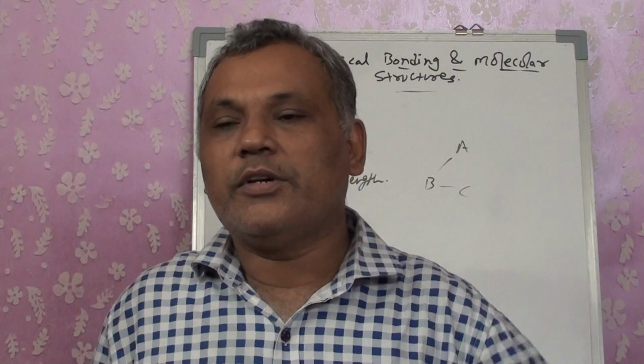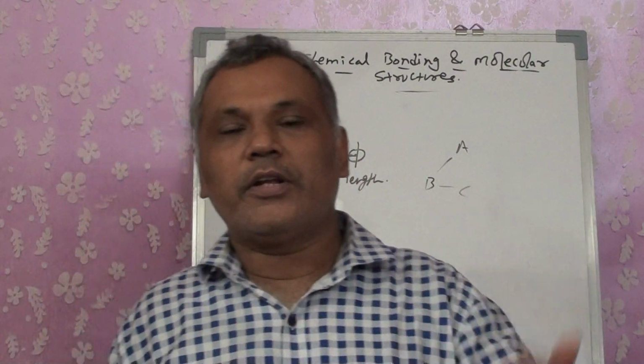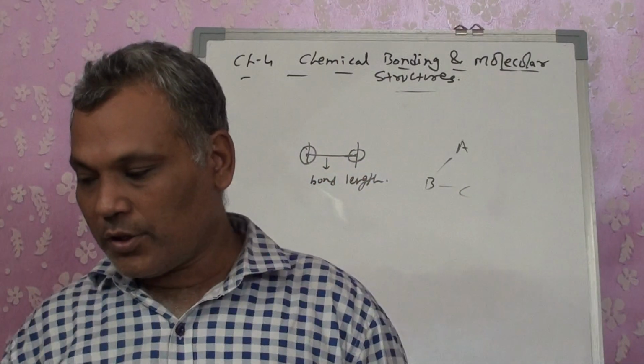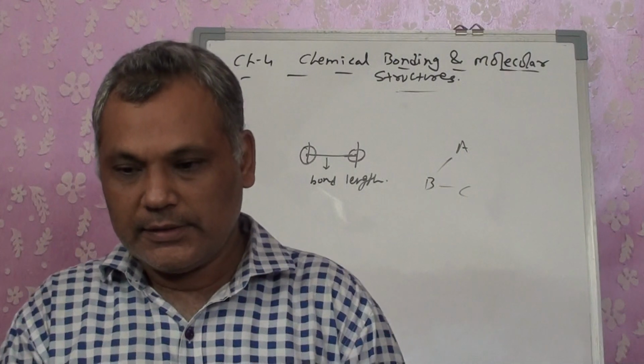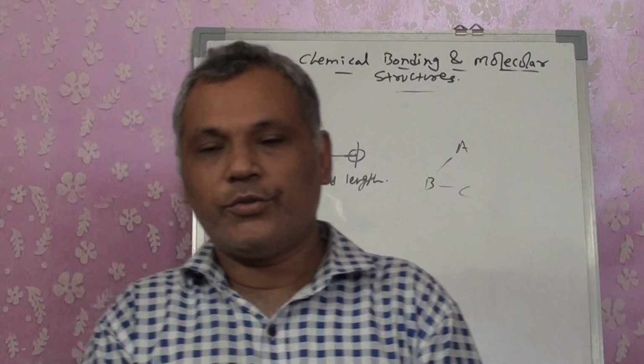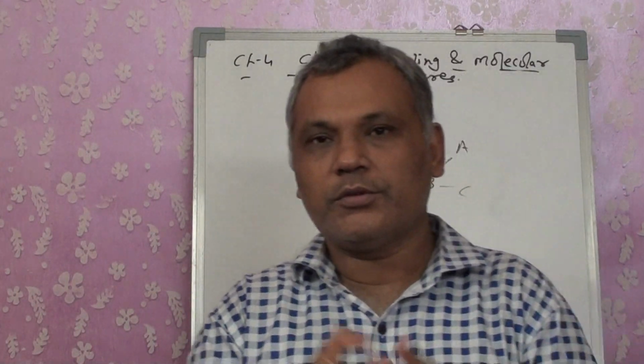No doubt all these definitions are given in your textbook. You can revise them, read your textbook completely, right? So that's what bond order is, and the definitions that we came across. Today we did formal charges for covalently bonded compounds.